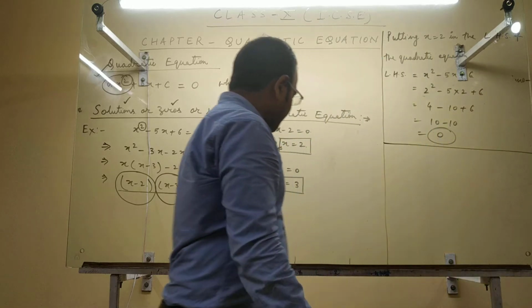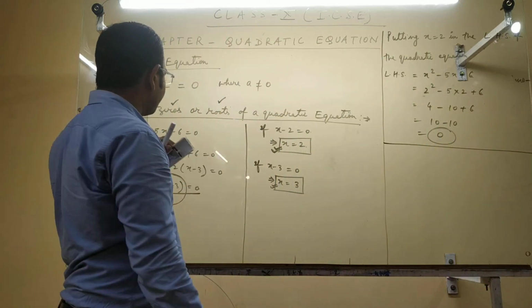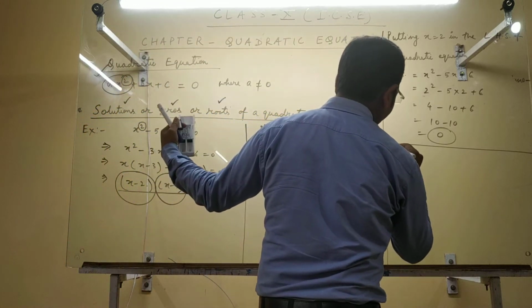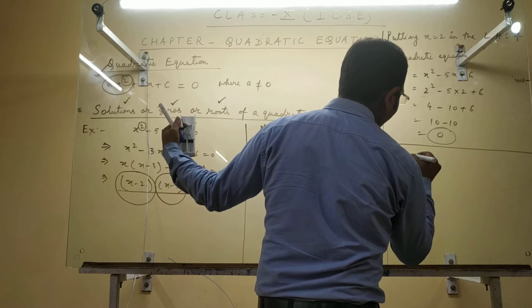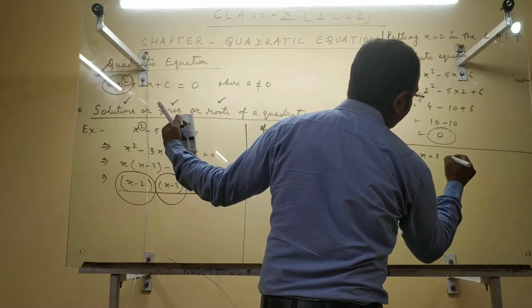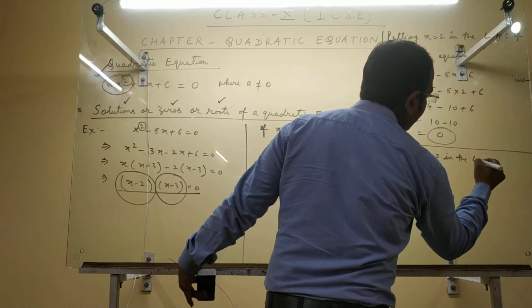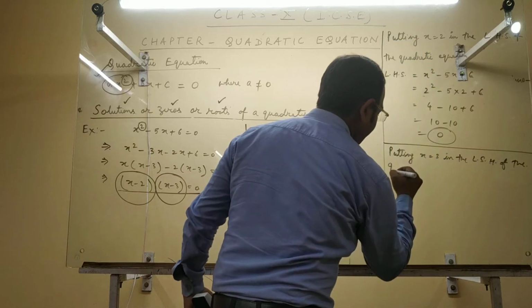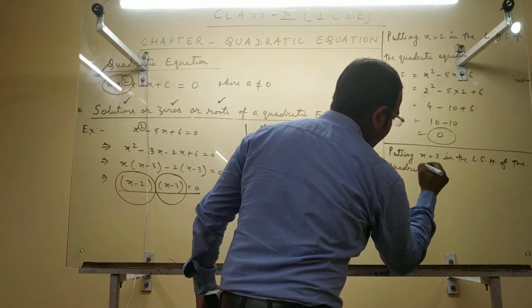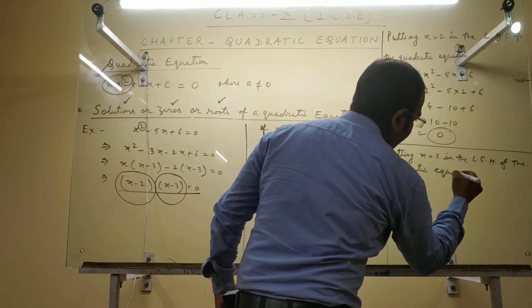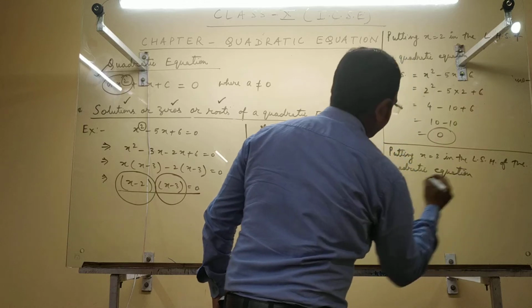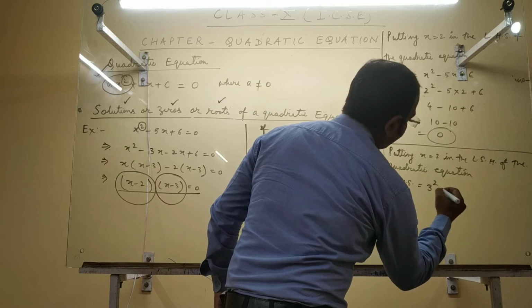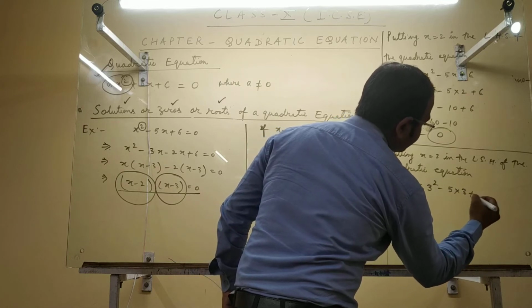Let us check whether x is equal to 3 is a solution of this quadratic equation or not. Let us put x is equal to 3 in the LHS of the quadratic equation. So LHS is equal to 3 square minus 5 into 3 plus 6.